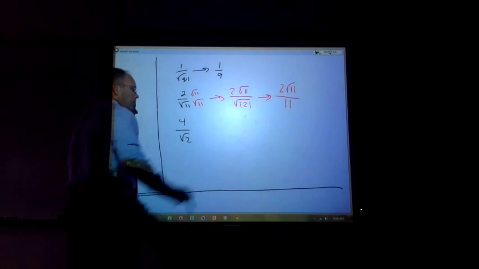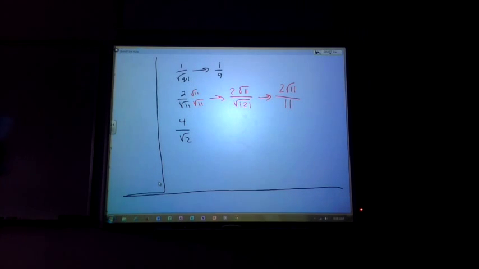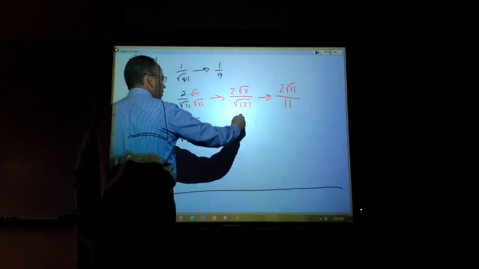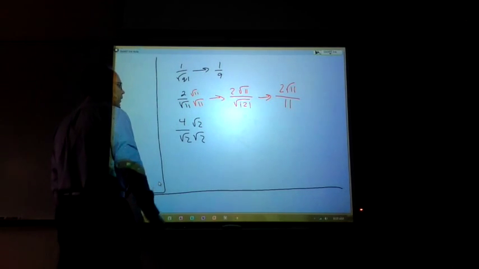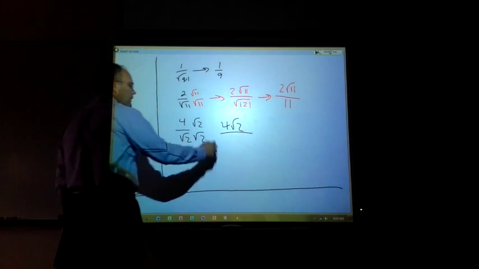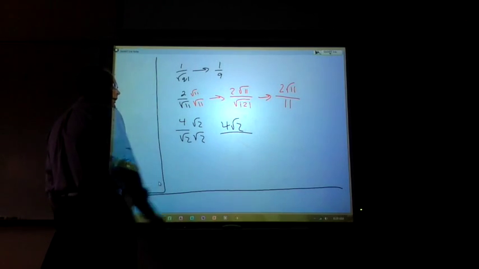So if I get this, I have 4 root 2 over root 4. And what's root 4? 2.